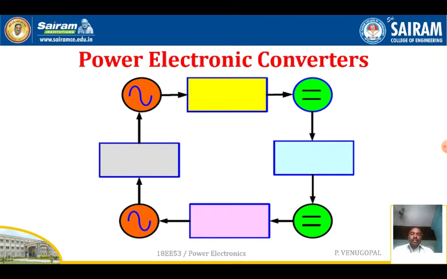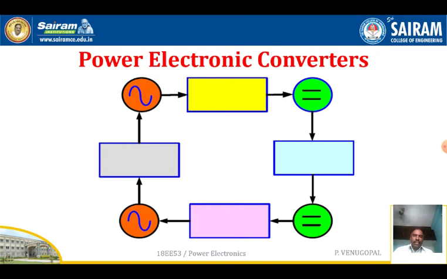Finally, AC to AC: this type of converter is called an AC voltage controller. We have two types of AC to AC converters. One is the AC voltage controller, where the output frequency is the same as the input frequency, and the other is the cycloconverter, where the output frequency is not the same as the input frequency.